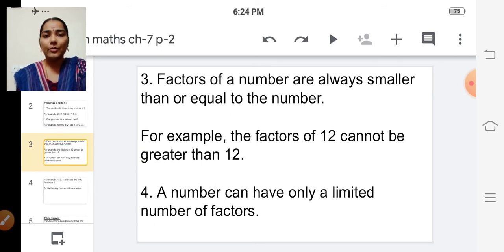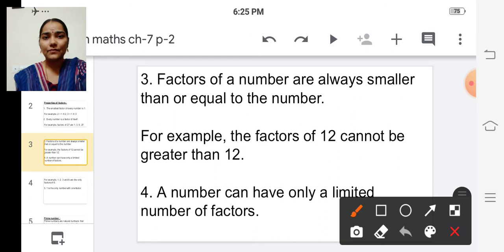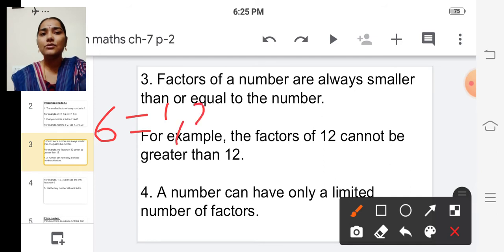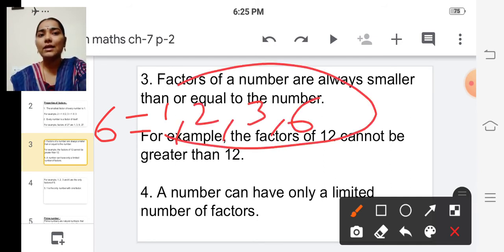Fourth property: a number can have only a limited number of factors. It cannot have too many factors. Again, the factors of 6 are 1, 2, 3, 6. So, only a limited number of factors, isn't it?